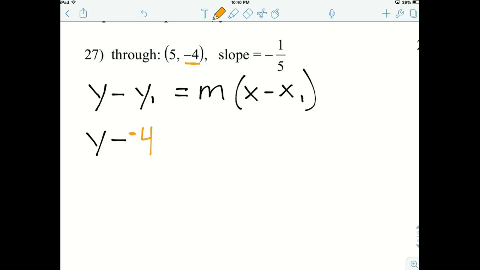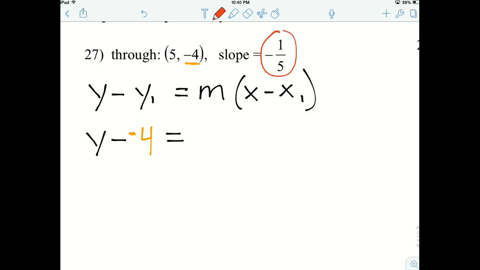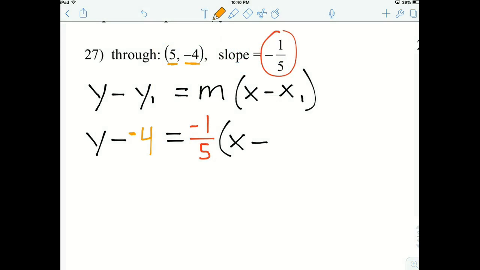Y minus negative 4, and that is equal to our slope, which is given here, negative 1/5. So we write that out, negative 1/5 times x minus our x coordinate 5, and that is it. This right here is the equation in point-slope form.